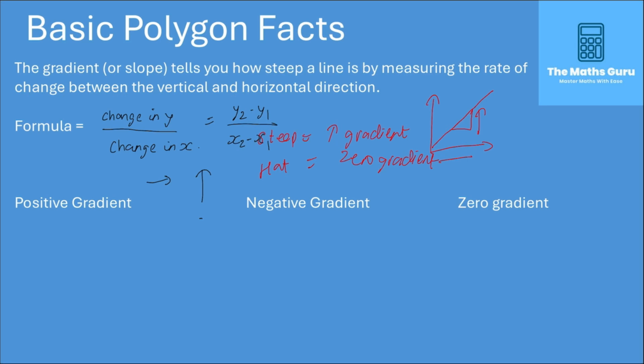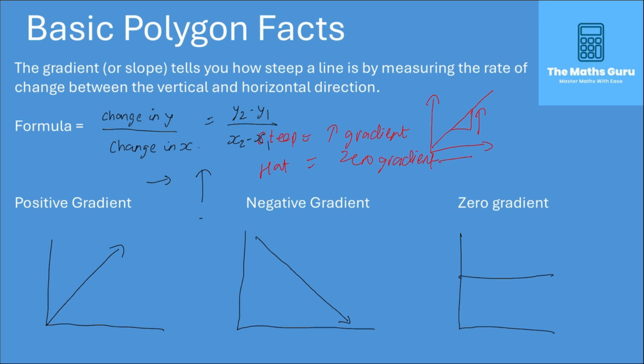So a positive gradient looks like this. A negative gradient looks something like this. And our zero gradient looks something like this. There is also another one, which I'm going to include here.